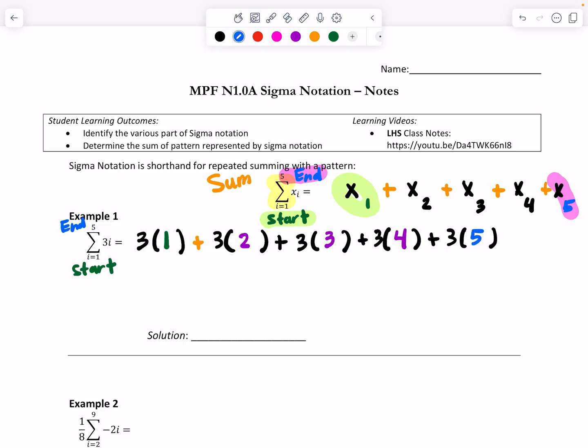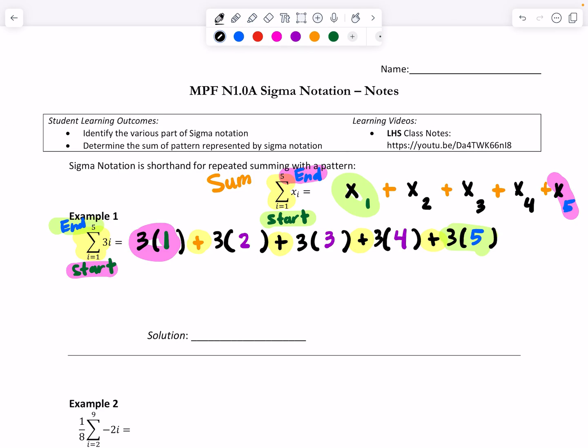Okay, so I started at i equals 1 and I stopped at i equals 5. And I added because it was a sum. So that's why it's all of these different additions. And then I just count up 1, 2, 3, 4, 5. Okay, so now let's simplify it.